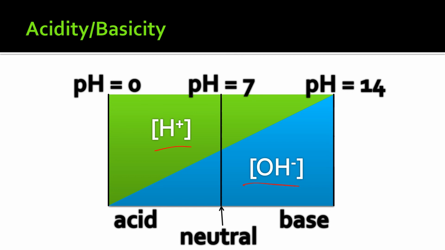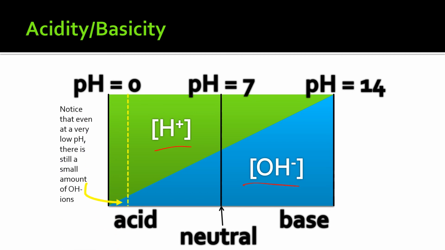So, if I were to take a look at a low pH somewhere around here, even at a low pH, y'all, there is still a small amount of hydroxide ion. And I want you guys to write that statement here. Even at a very low pH, there's still a small amount of hydroxide ion.